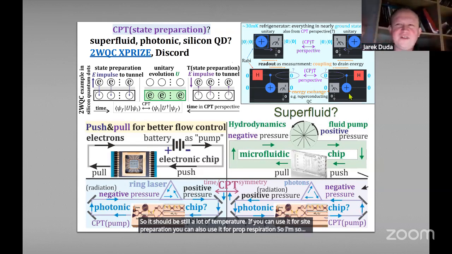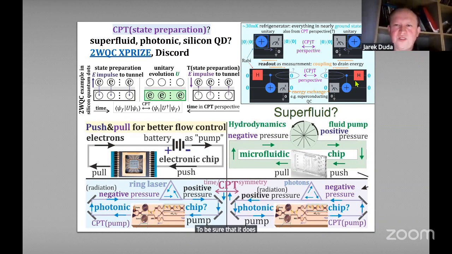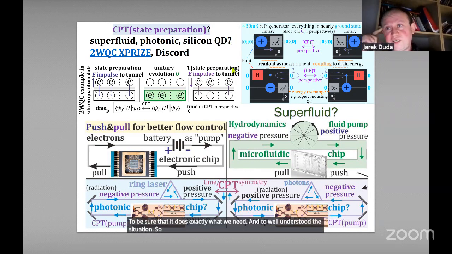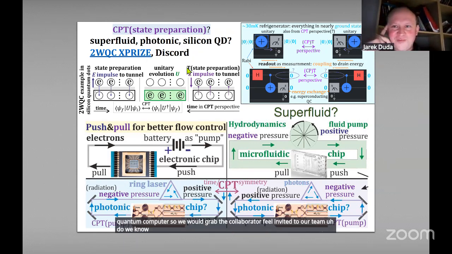But I think it needs some low-level access to this quantum computer, to be sure that it does exactly what we need, and to well understand the situation. So it needs collaboration with specialists in superconducting quantum computers. We would gladly collaborate. So feel invited to our team to win $1 million from the X Prize.